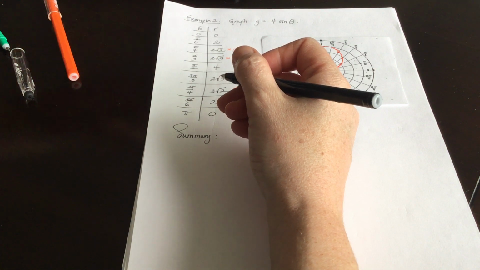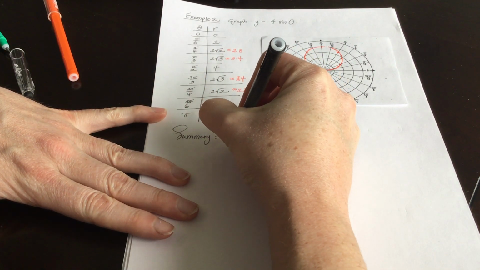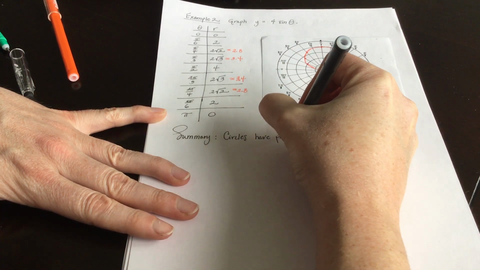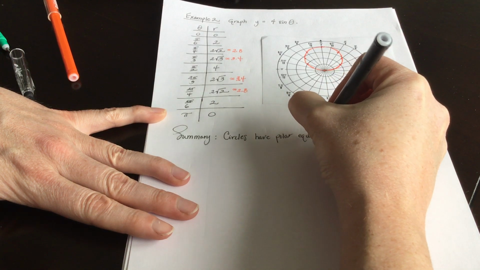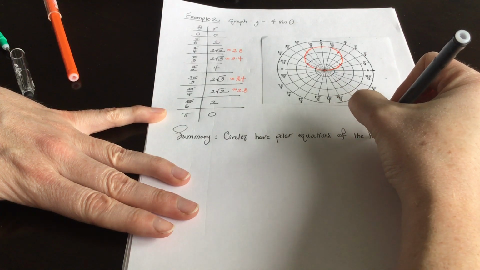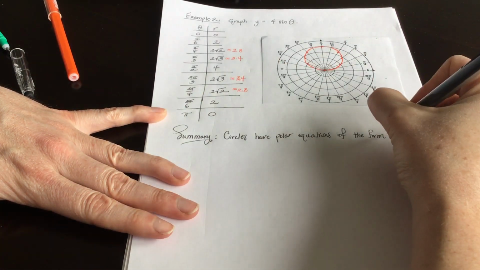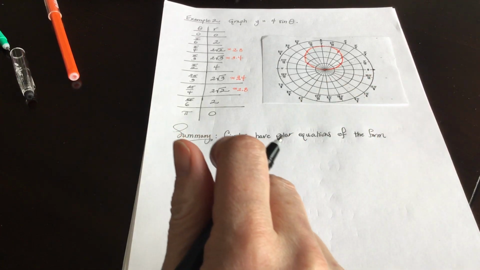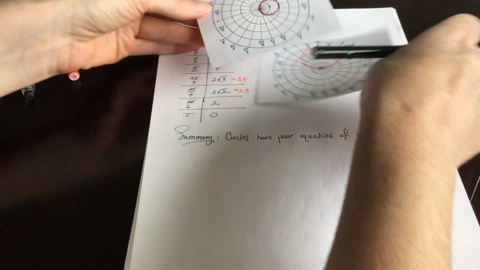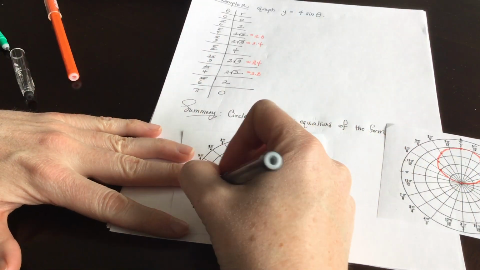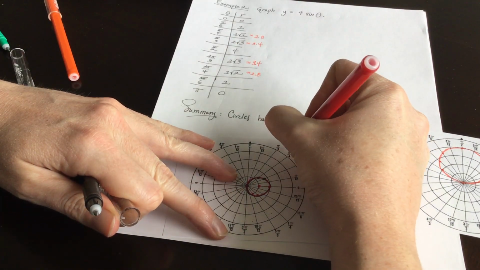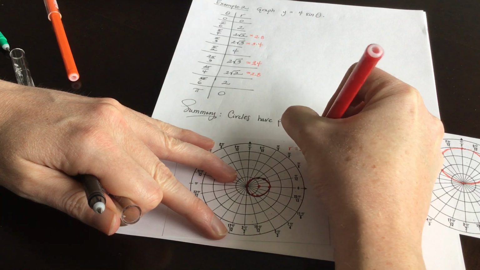So a summary for what we've done so far is that circles have polar equations of what form? If you look at the last two examples that we did, this was example 1, the graph of r equals 2 cosine theta.